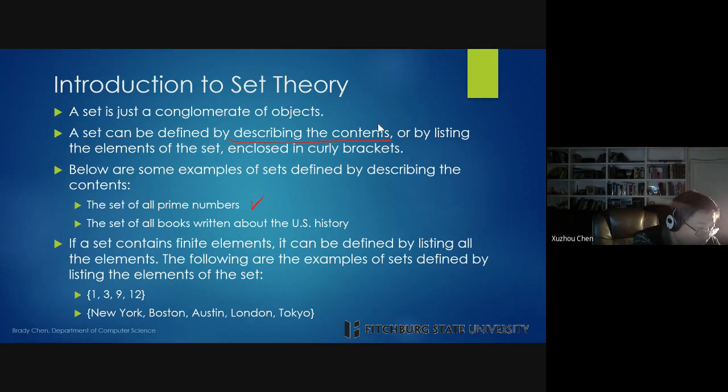Now, if a set contains a finite number of elements, then you can define the set by listing all the elements. For example, this set contains 4 elements, so we can just list all the numbers, which is only 4. And the next set lists some cities in the world: New York City, Boston, Austin, London, Tokyo.